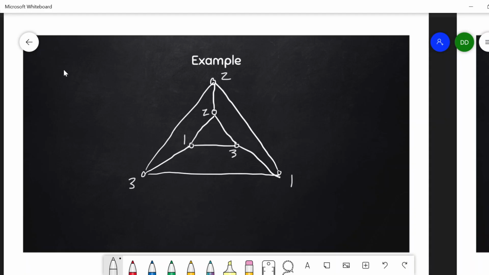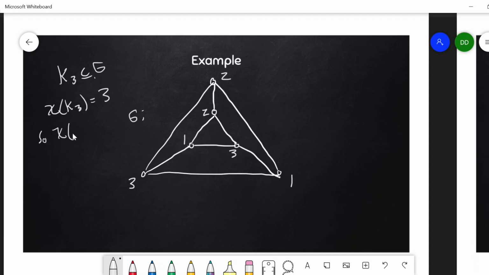So the fact that K3 is a subgraph of G. Here's G. H was the name of the subgraph in the theorem. And we know that the chromatic number of K3 is 3.